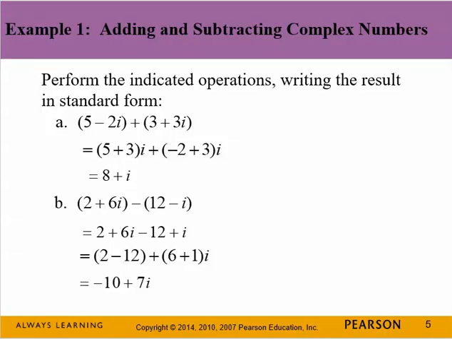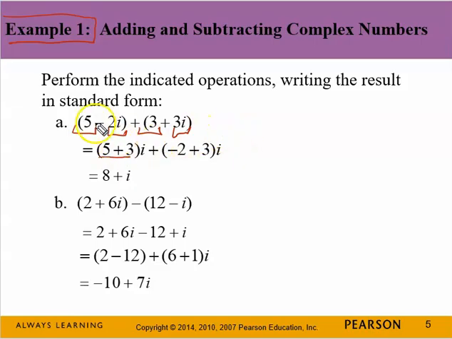So example 1, we're going to perform addition. Well, first of all, we can take our real numbers and just add them together. And we can take our imaginary numbers and add them together.